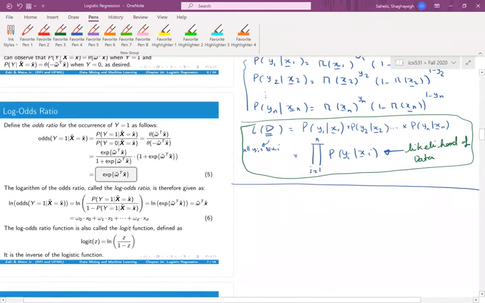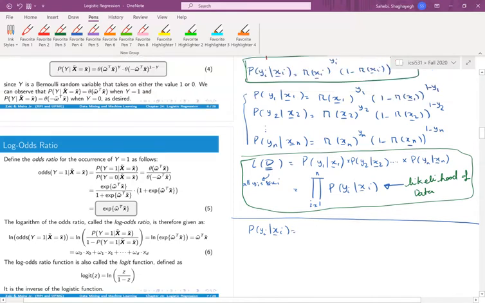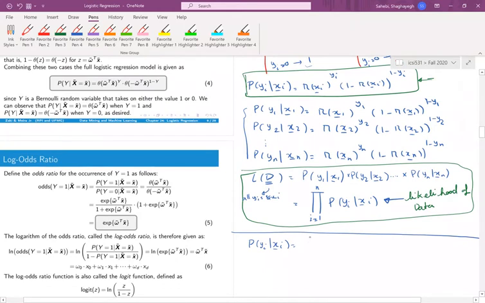What do we mean? We said the probability of yi given xi is equal to pi of xi to the yi, which is basically theta of w transpose xi to the yi, multiplied by 1 minus theta of w transpose xi to the 1 minus yi. This is the same formulation that we have seen before.